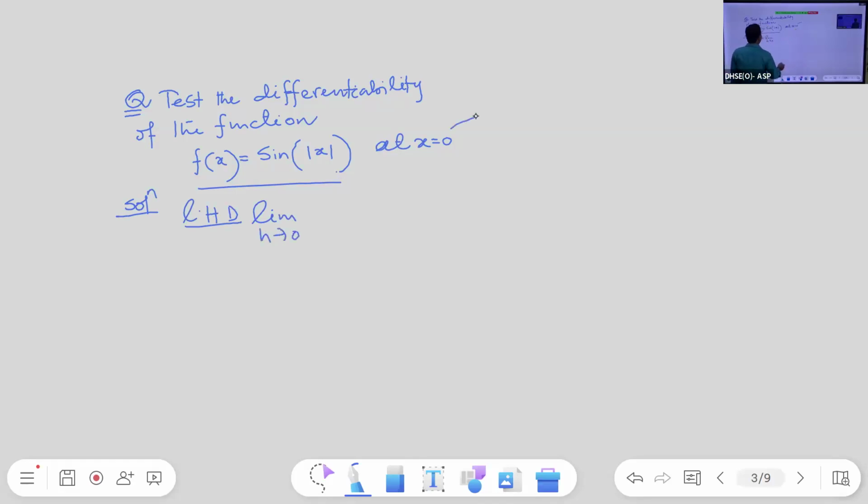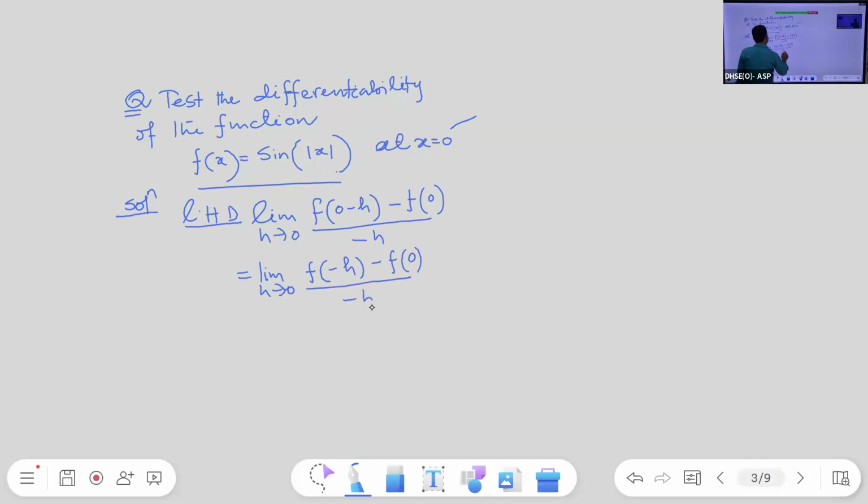A is 0, the given point. This is equal to limit h tending towards 0, f of minus h minus f of 0 upon minus h, right?